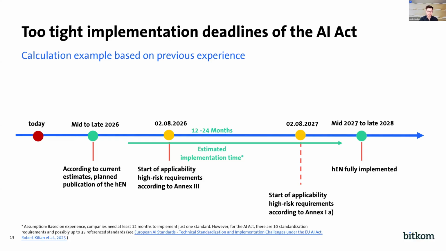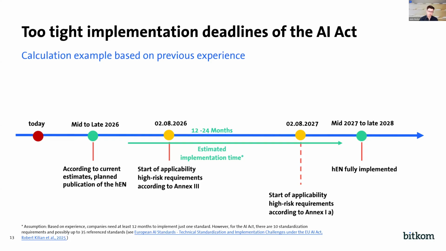And after that, companies still have to implement these harmonized European standards, right? In the past, companies needed at least 12 months to implement comparable standards, in many cases longer, and the AI Act is particularly complex to implement.